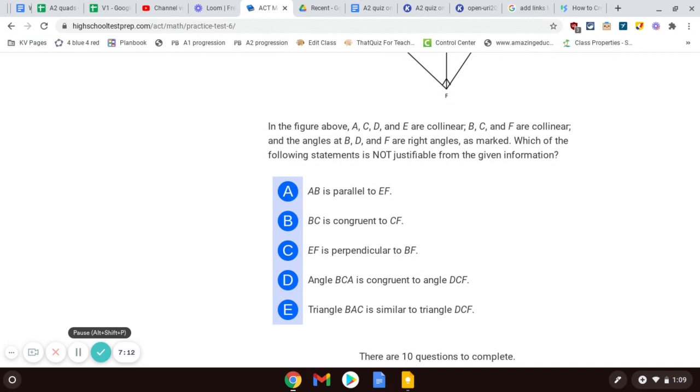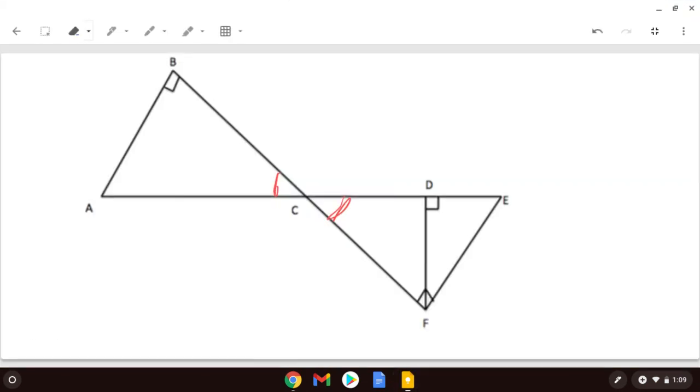E says that triangle BAC is similar to DCF. The reason I know that's true is, first off, they have one angle in common, the vertical angles there. And if you look at angle B here, that's a right angle.